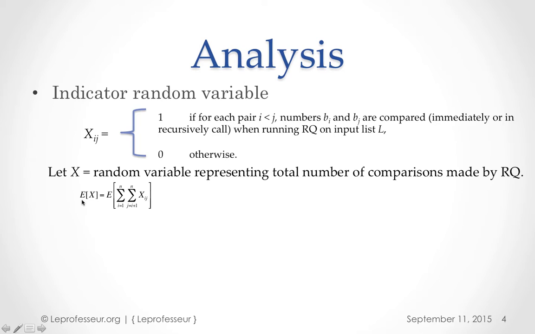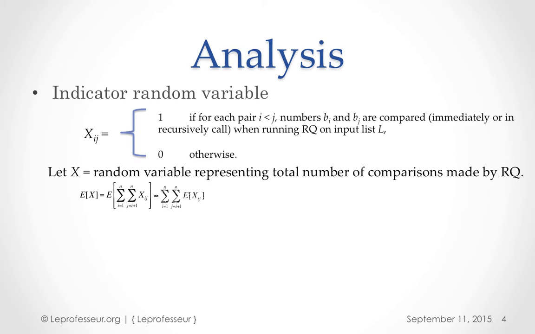The expected value of a random variable X is given by this formula, where you do a summation from the outer loop i equal to 1 to n, and then the inner loop j equal to i plus 1 to n. You're going to be running 2 loops in the quicksort algorithm.